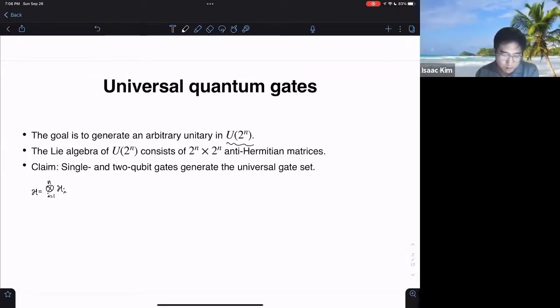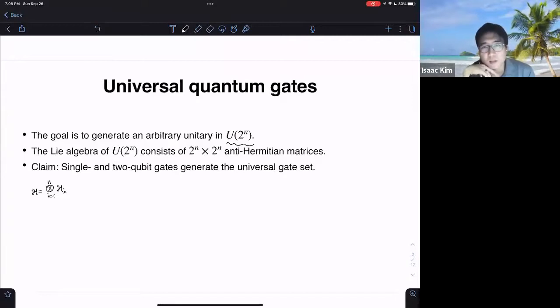Okay, and so in some sense, you can think of the set of all unitaries in this 2 to the n dimensional hyperspace as a space of all possible quantum computations.